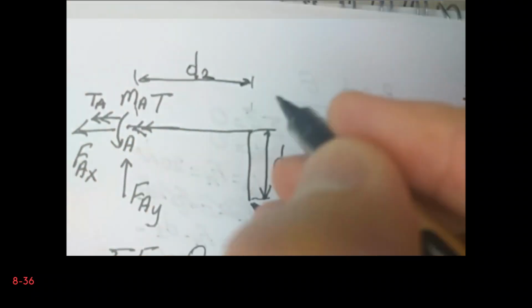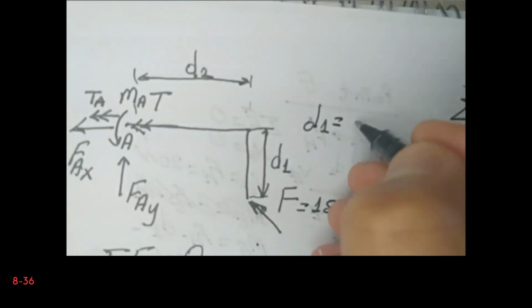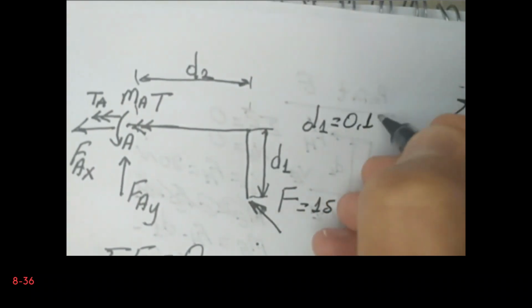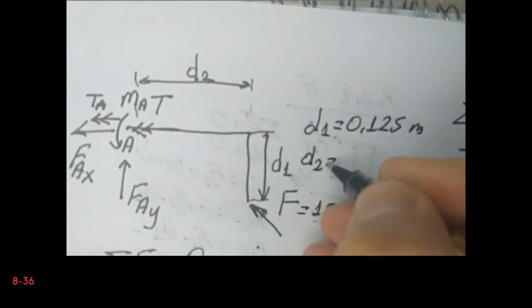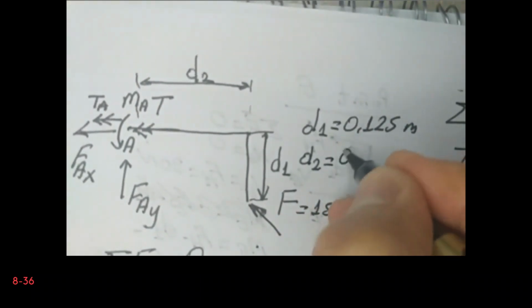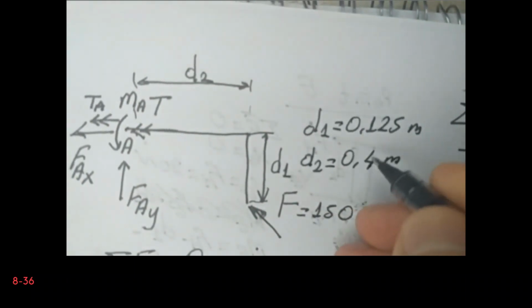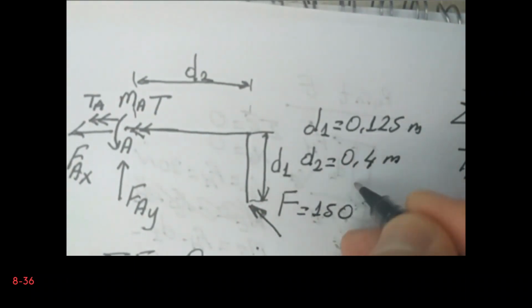So d1 is 0.125 meters and d2 is 0.4 meters, and T is already known. T is also 20 Newton meters. So let's write it so.